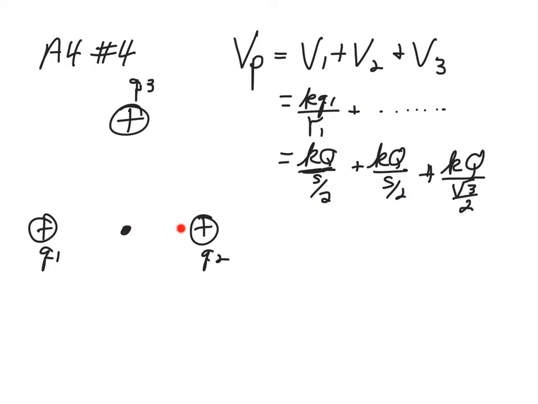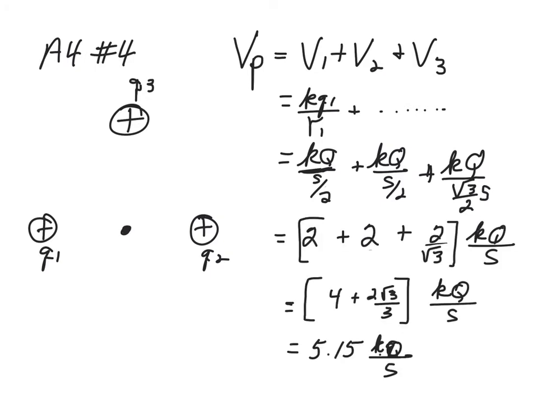And then this one is going to be the same thing. And then here we got to get the distance from the point to there. And since this is S over 2 and this is S, you have S squared minus S squared over 4 gives us 3/4 S squared. And when we take the square root, you should find this distance is the square root of 3 over 2 S.